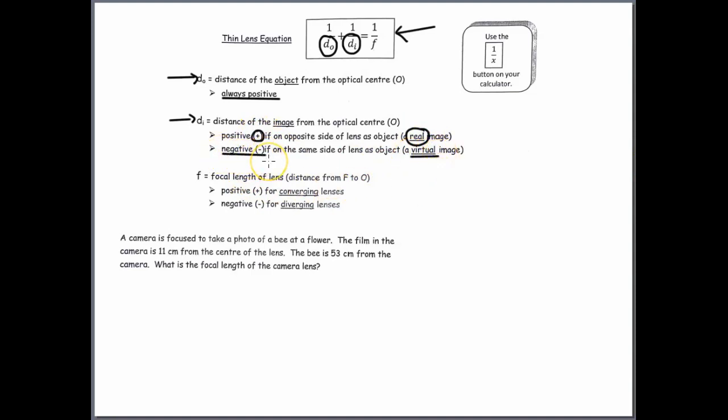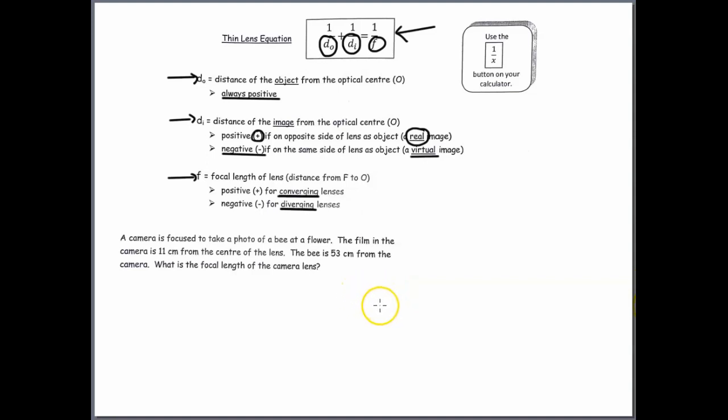So you really need to know the types of images that are produced in lenses, whether it's converging or diverging. So again, if you haven't watched my previous video that helps you find those images in lenses, go take a look at that. And our focal length, which is f, can also be positive or negative, depending on whether or not we have a converging or diverging lens.